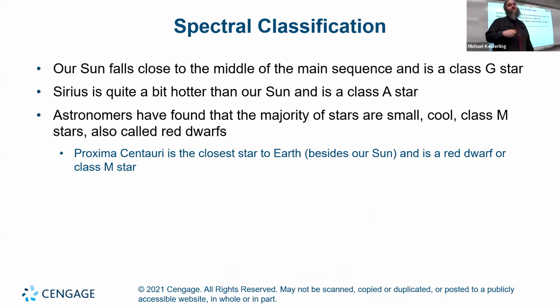Sirius, for example, is quite a bit hotter than our sun. It's a class A star. And astronomers have found that the majority of the stars out there are small, cool class M stars called red dwarfs. So the closest star to Earth besides our sun is Proxima Centauri, and it's a red dwarf, or a class M star.